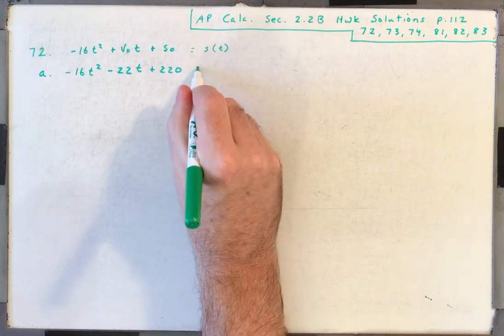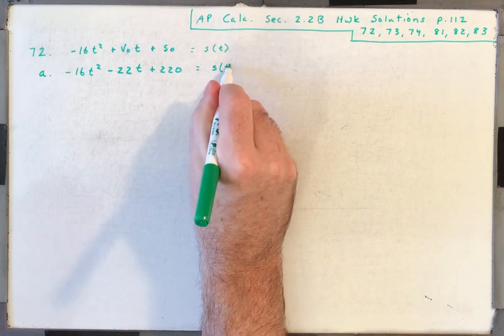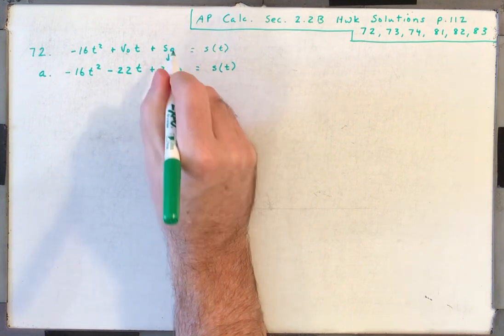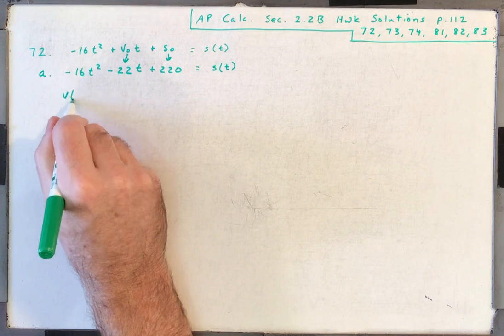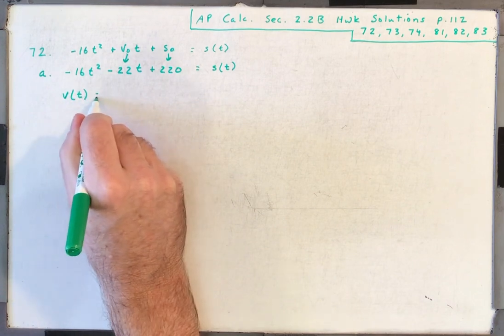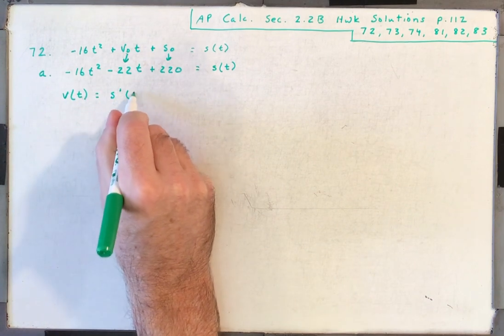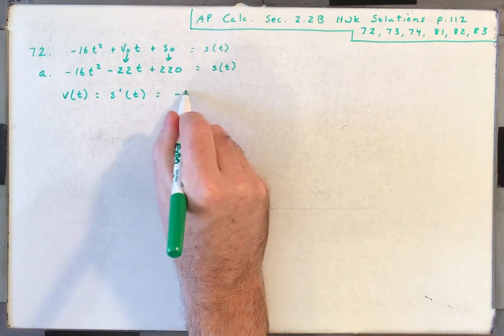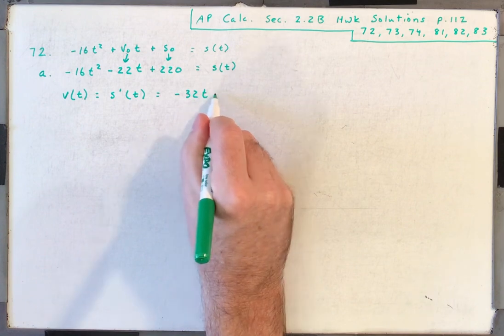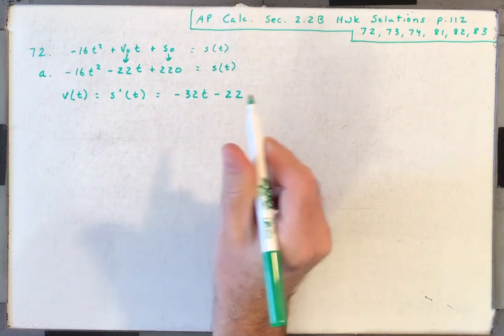That is our position function. So our velocity function would be the derivative of the position function. So that's going to be negative 32t minus 22.